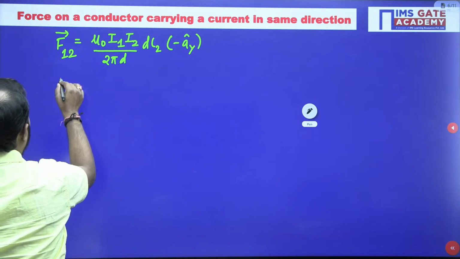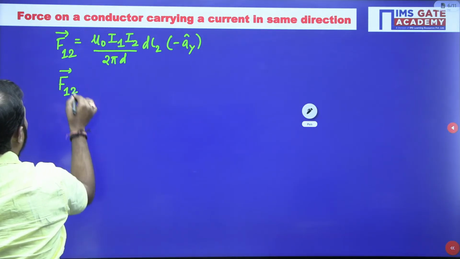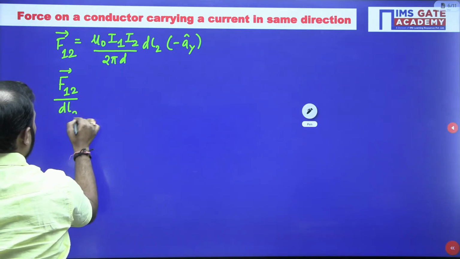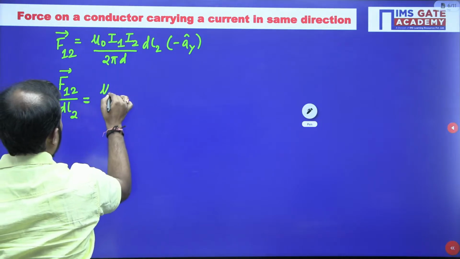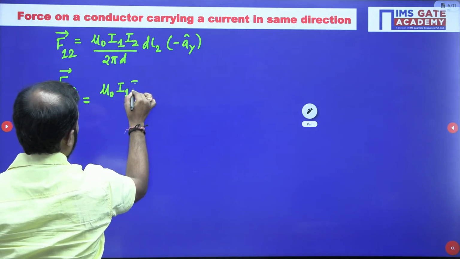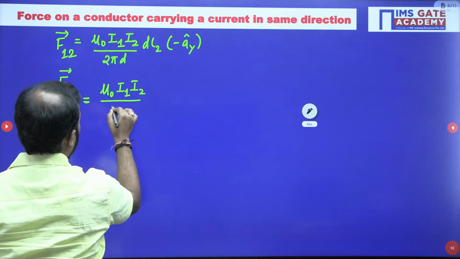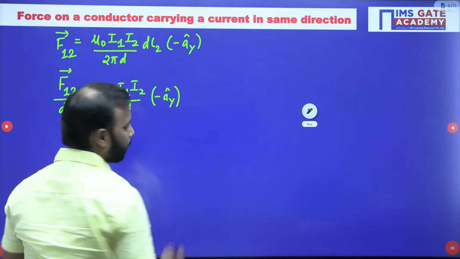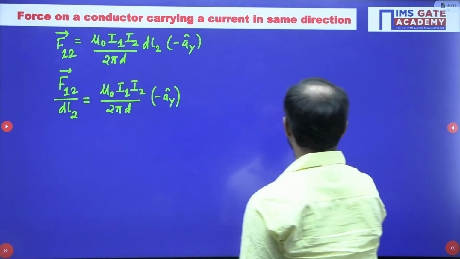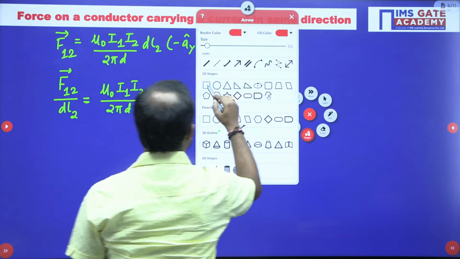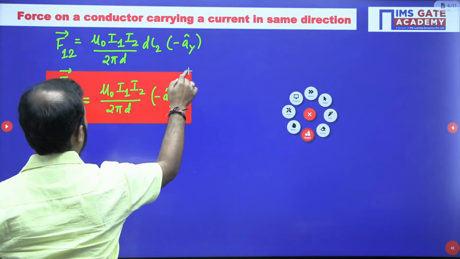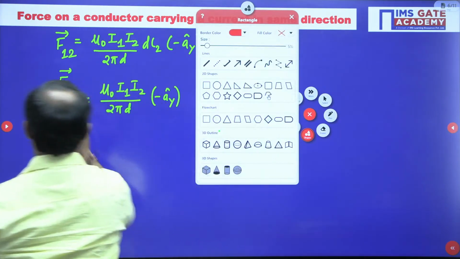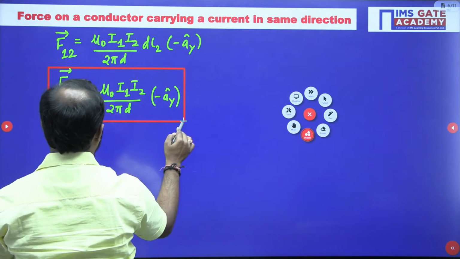So therefore force per unit length, F12 divided by del L, this will be equal to the magnitude mu naught I1 I2 upon 2 pi d, and its direction is minus AY. Am I clear? Any doubt? So let me inbox this.